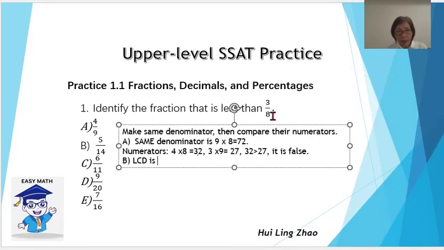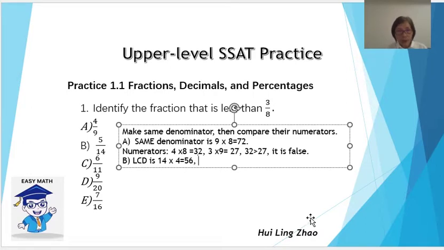And 8 equals 2 times 4, right? So the LCD is 14 times 4, right? So 14 times 4 is 56, right?